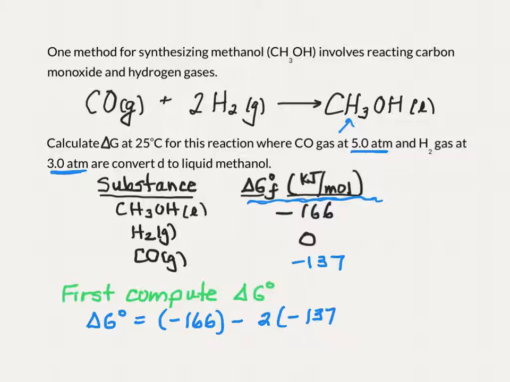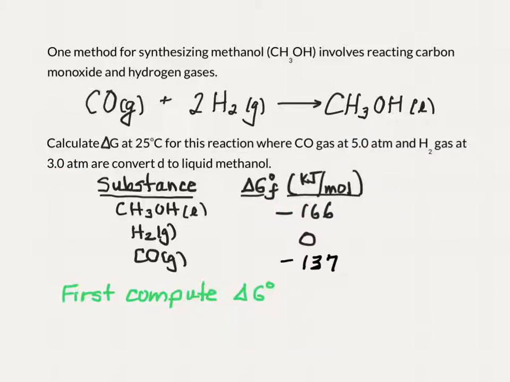For example, one method of synthesizing methanol involves reacting carbon monoxide and hydrogen. There's your reaction. And we want to find delta G at 25 degrees Celsius when CO is at 5 atmospheres and hydrogen is at 3 atmospheres. And we've given you the values for the delta G's of formation. So first thing we're going to do is find delta G0. So remember, this is products minus reactants times their coefficients, right?